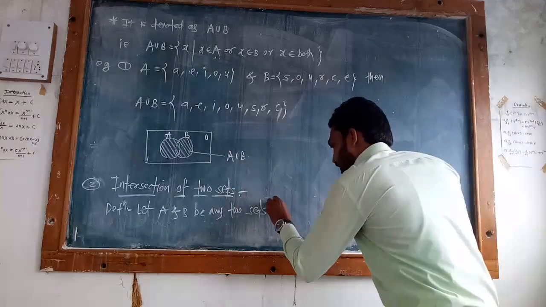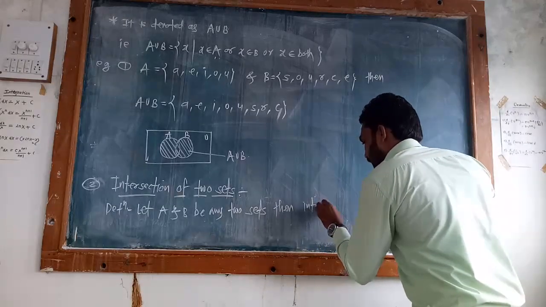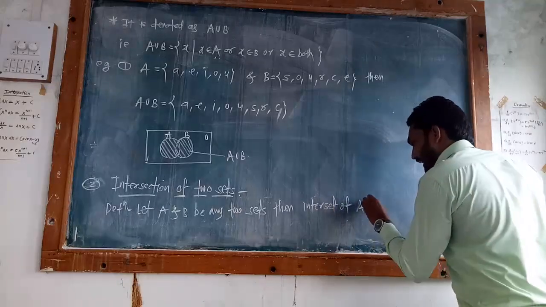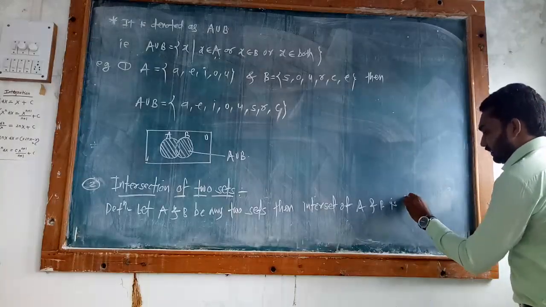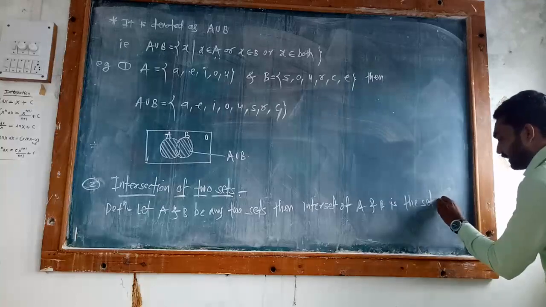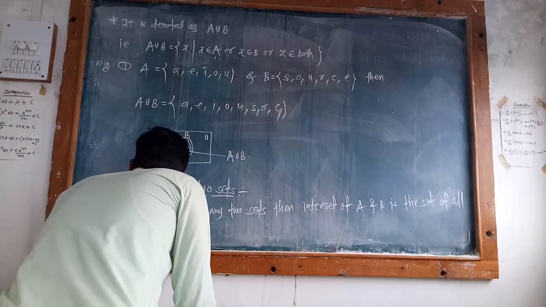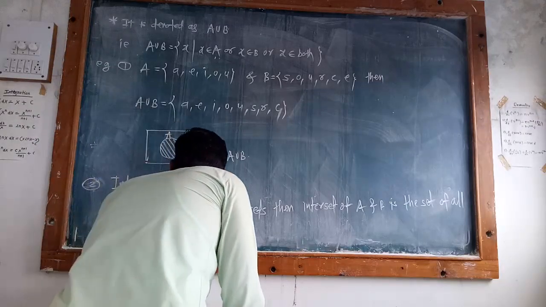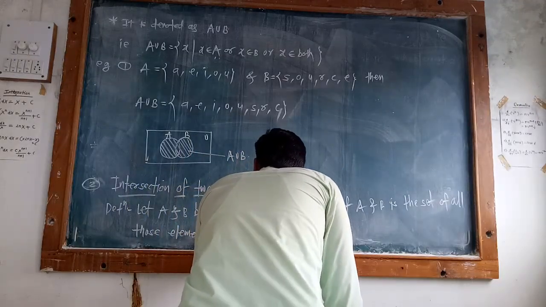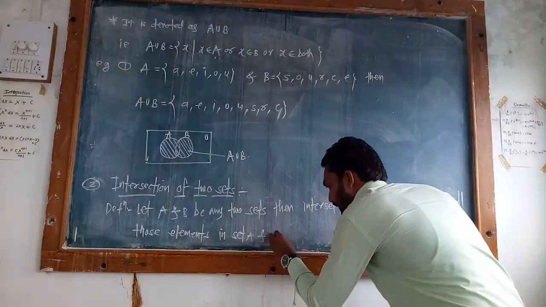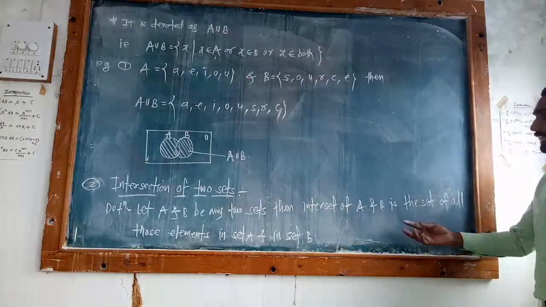Then intersection of A and B is the set of all those elements in set A and in set B, is called as intersection of A and B.